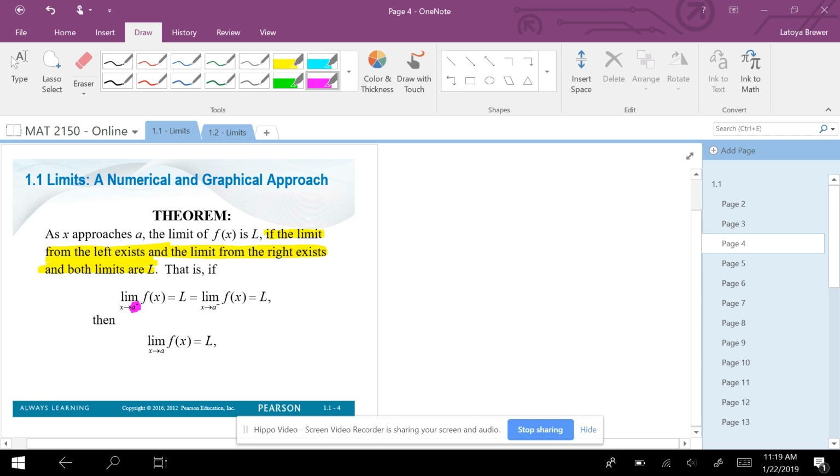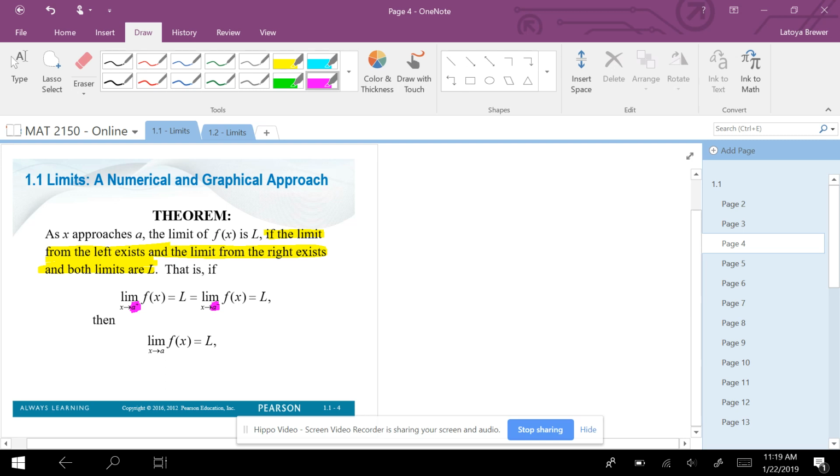There's the right, that little positive sign. That's positive numbers. The way I think of it, my positive numbers are on the right side of my axis or my number line. So when you see a with a little small plus sign up there, that means I'm approaching a from the positive side or from the right side. And then as I approach my number from the left, that is a with a little negative up there. That's not an exponent. That's just a symbol saying as I approach from the left.